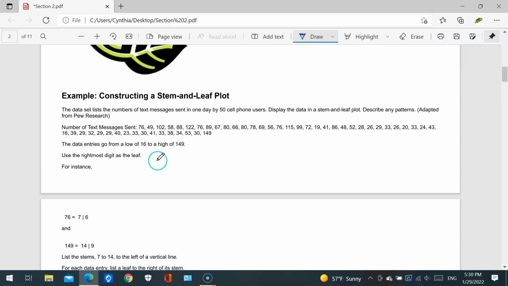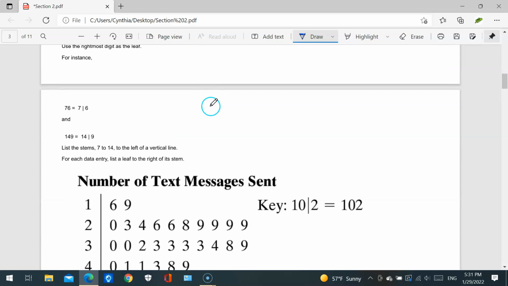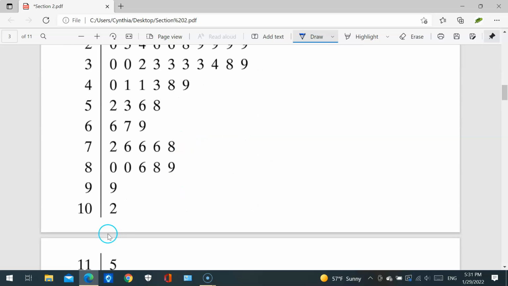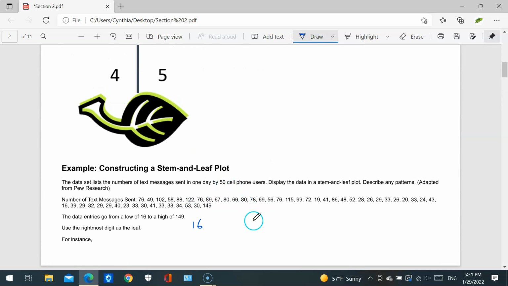But we still go over this one. The smallest data we have here is 16, which is the minimum of the data. The largest data from the raw data here is 149.